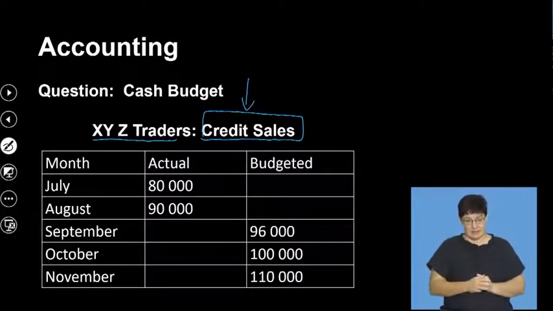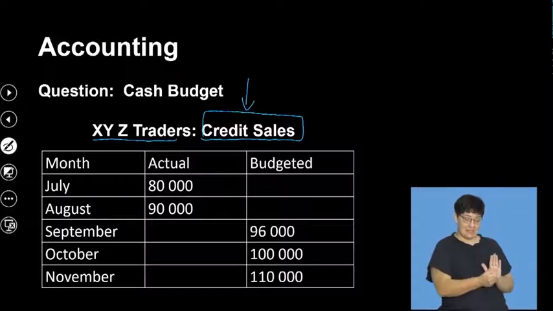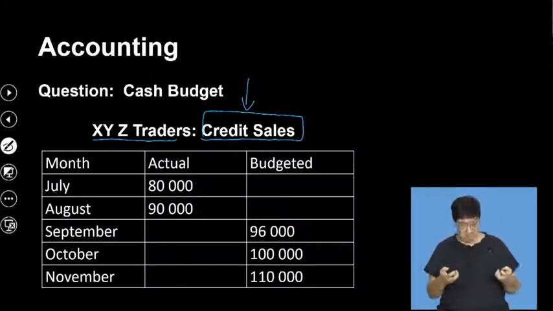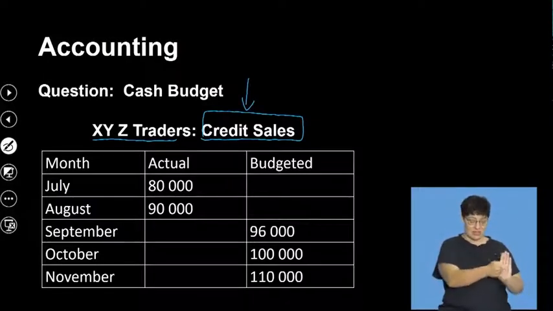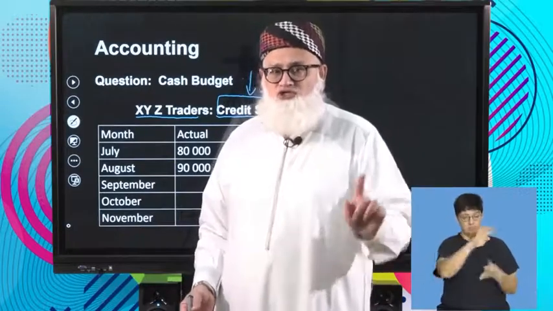So, if you are given total sales, then make sure you calculate the component of that sale which is on credit. In this particular example, we are given the credit sale, so there's nothing to change because that is what you need to draw up your debtors collection schedule.